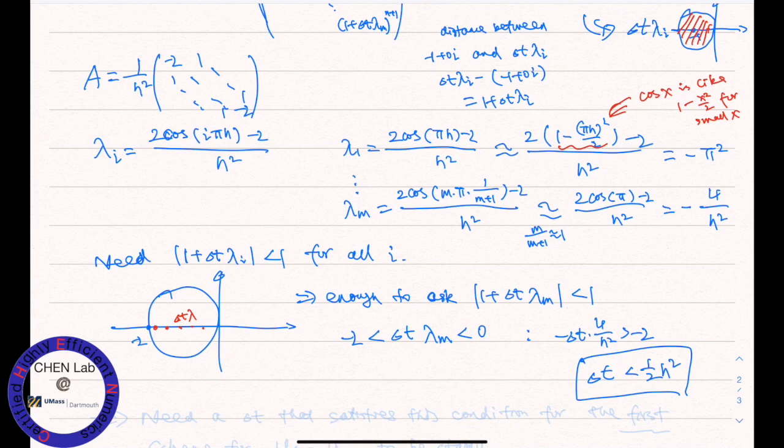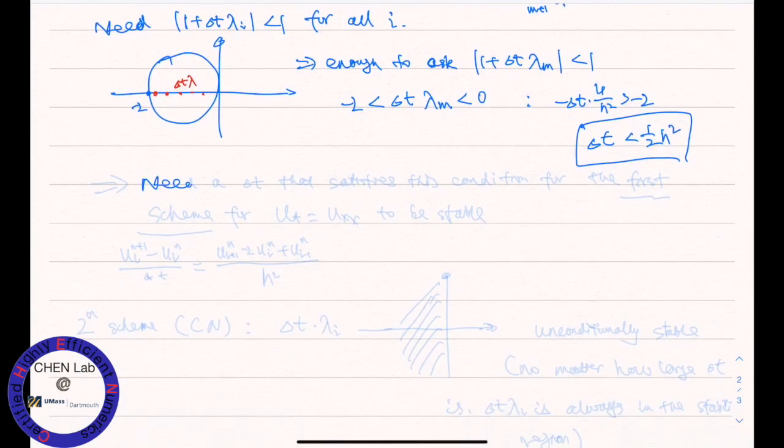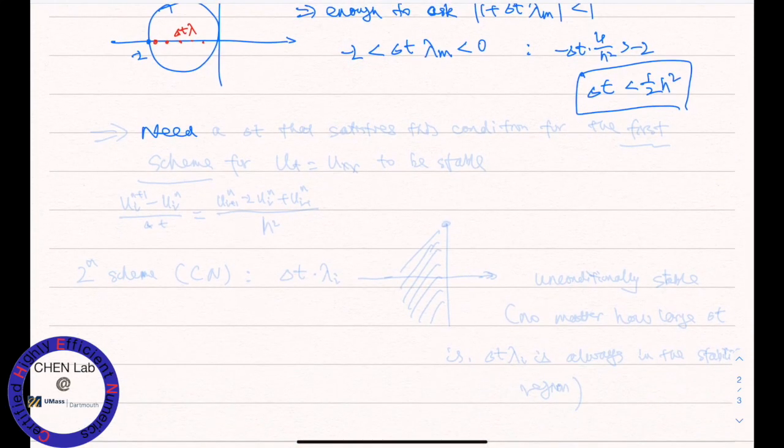for solving the heat equation. That's the condition for the size of delta t. So once you decide the spatial discretization, you have the size of h.